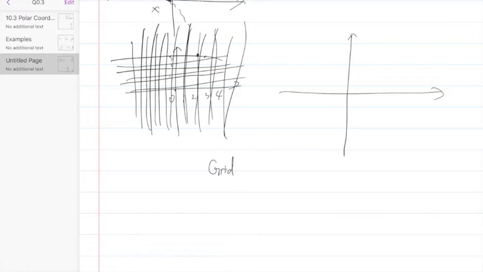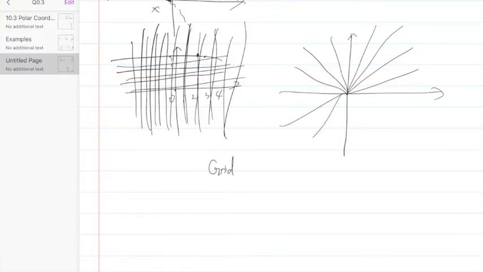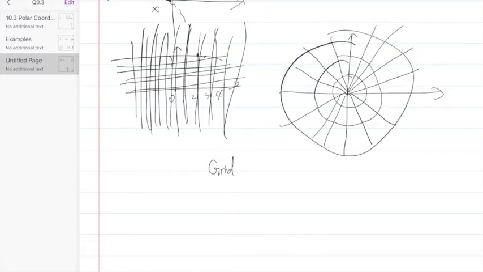Now for polar coordinates, you still draw grids. But this time your grids is going to be by different angles. So do you see the difference? They all form different angles, but they're not horizontal or vertical. It's actually star-shaped. And then for r equals 1, you have a circle because everybody on here shares the same r equals 1.